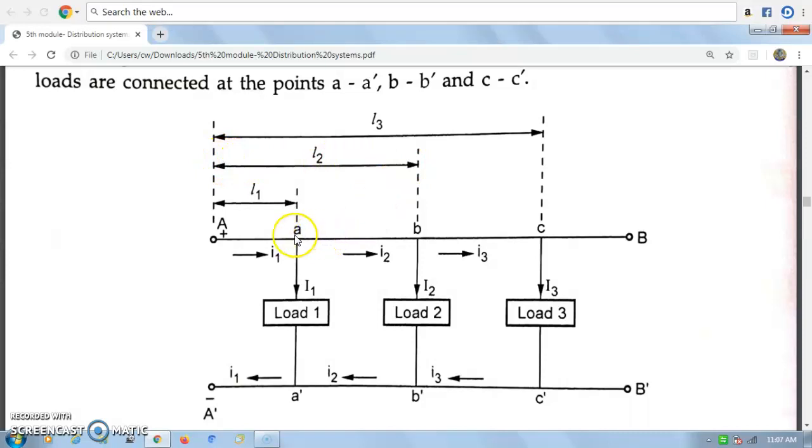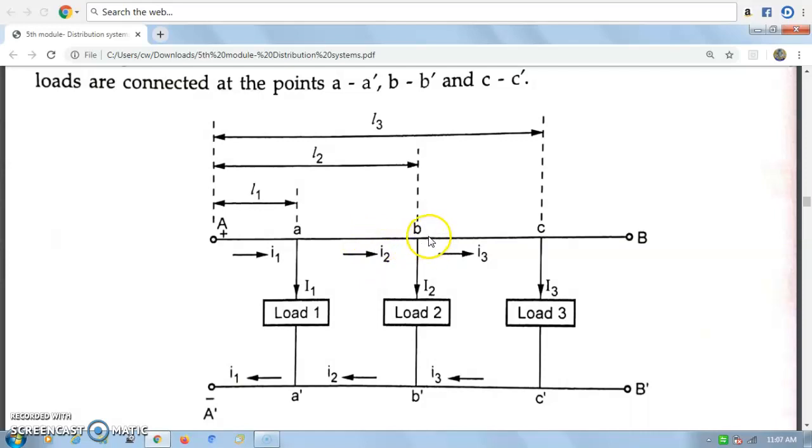I am considering only A to B. We have to take the current, length and resistance for the total drop in the section small a to B. Current is small I2, and the length is how much here? Total is L2, minus L1 is the remaining length from a to B. Therefore, L2 minus L1 into I2 into R dash.